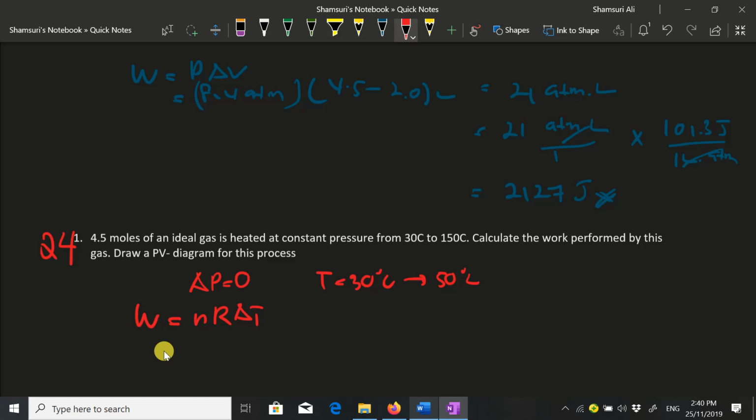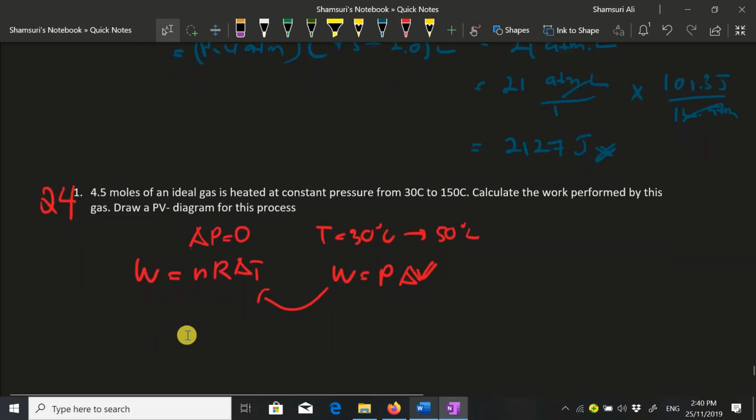So we know that work actually comes from V, the volume. Putting this into this equation, let me put in this one.